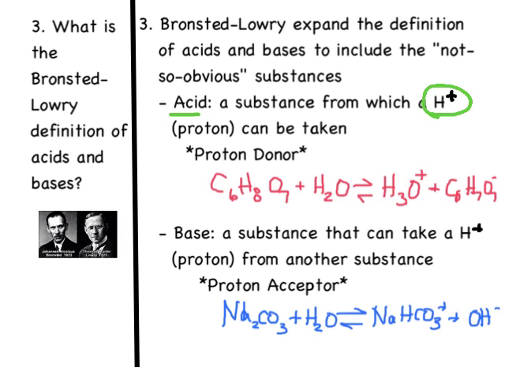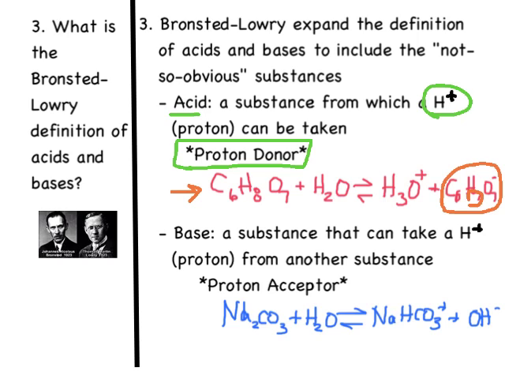So an H+ hydrogen ion is also called a proton. So an acid is a substance from which a proton can be taken, and it's called a proton donor, because it gives away one of its hydrogens. If we take a look at the lemon juice that we saw in the last slide, and we mix lemon juice and dissociate it with water, we can see that instead of C6H8O7, in the end we end up with C6H7O7.